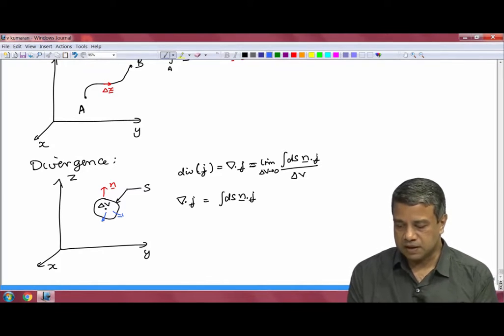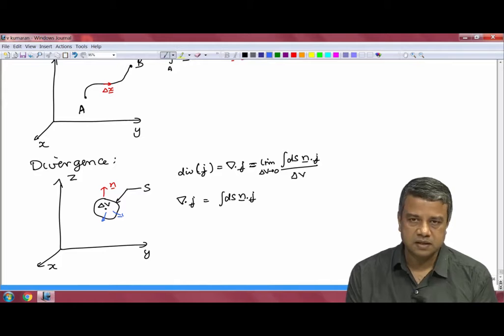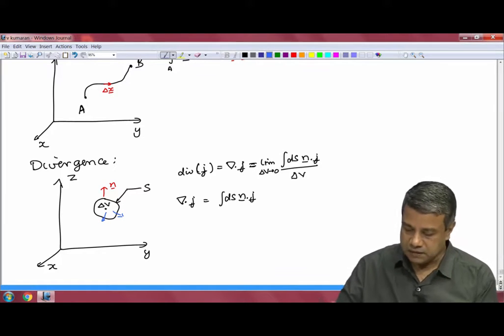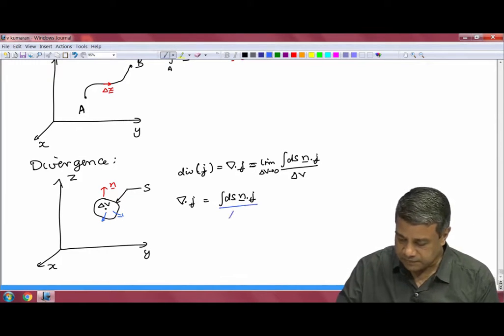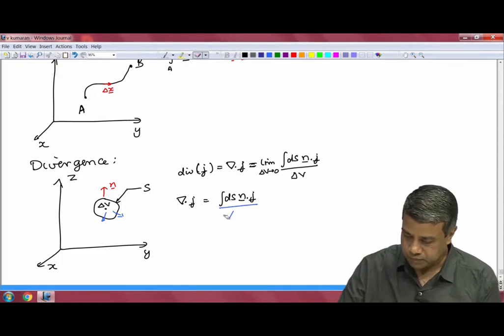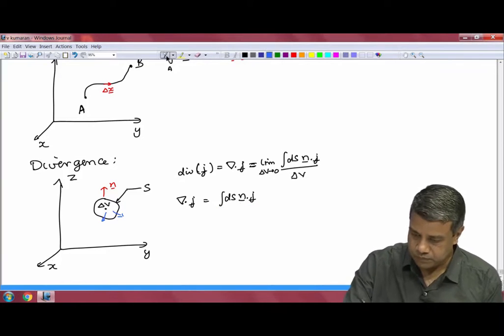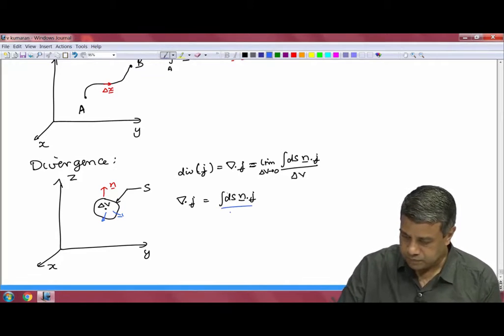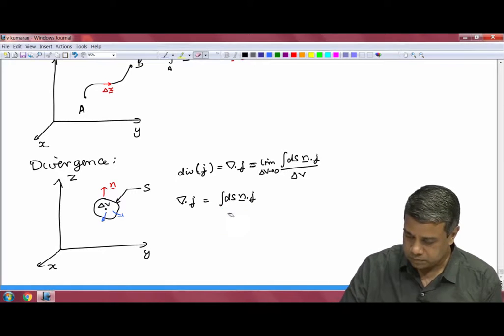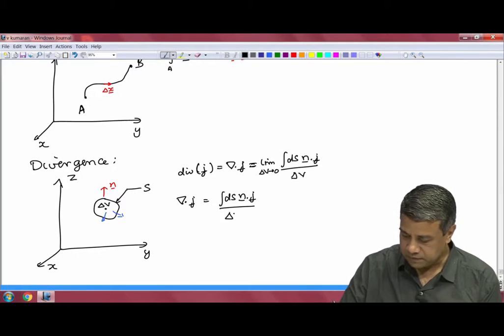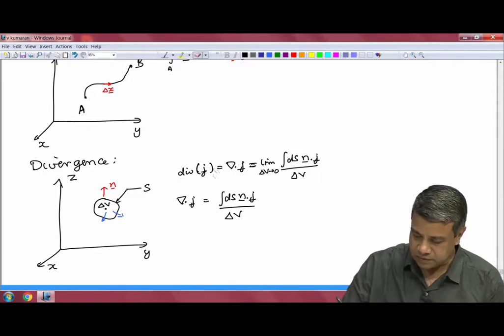Therefore, integral ds n dot j is the mass transported out of the volume per unit time, that divided by the volume itself, in the limit as the volume goes to 0.